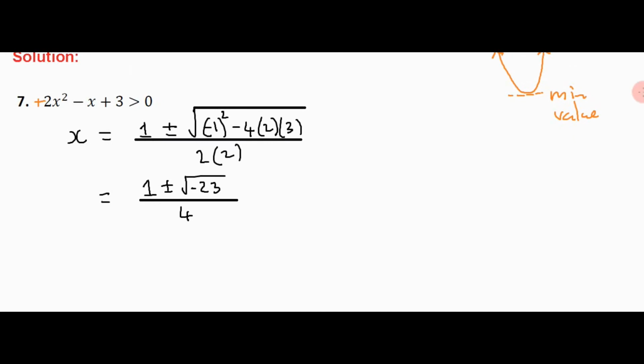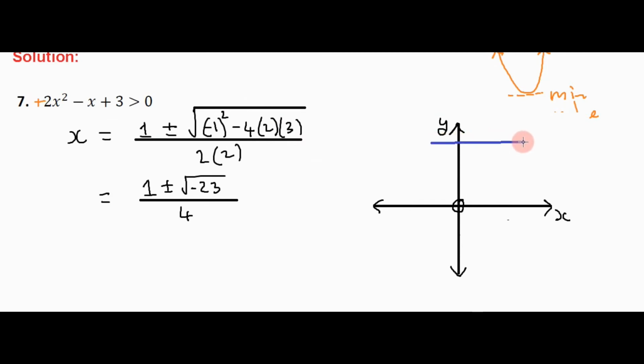So let's look at the drawing of it. So we know it smiles and it doesn't have any roots, so it doesn't cut through the x-axis. So it's going to look something like this. Now, in this inequality, the left-hand side here is strictly greater than 0.